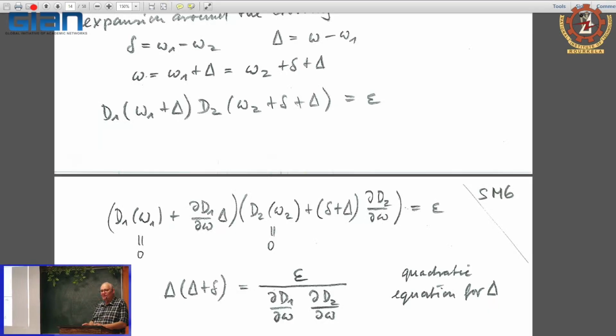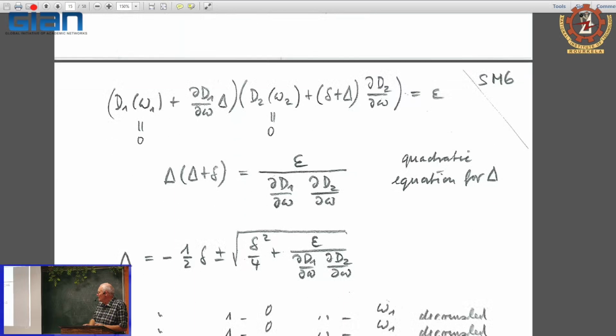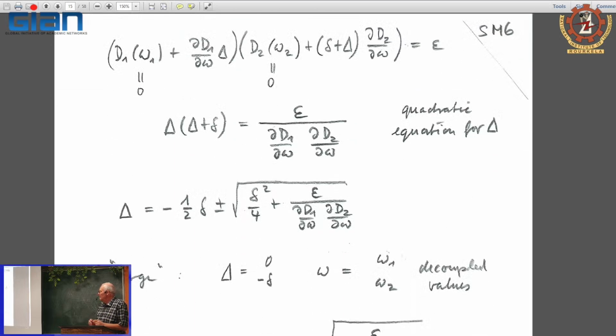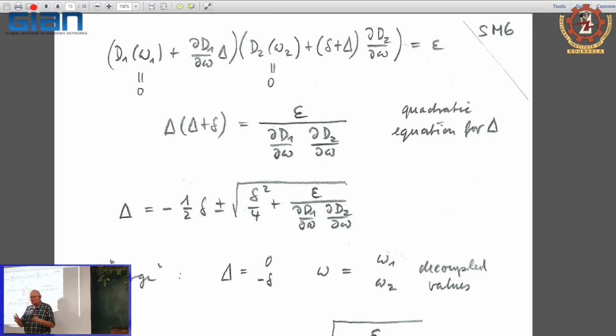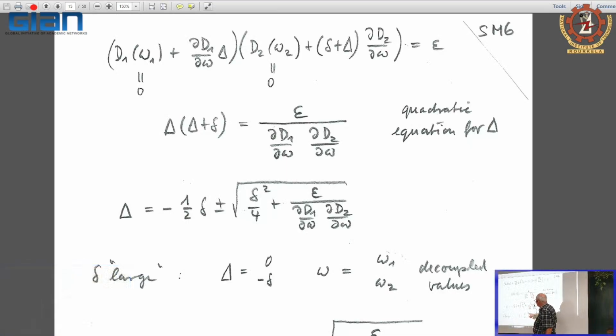Well, this is a quadratic equation, and we can easily solve it. The solution of the quadratic equation gives capital delta as minus 1/2 the difference of the original uncoupled eigenfrequencies plus or minus the square root of delta squared plus epsilon divided by the derivatives of the dispersion relations.